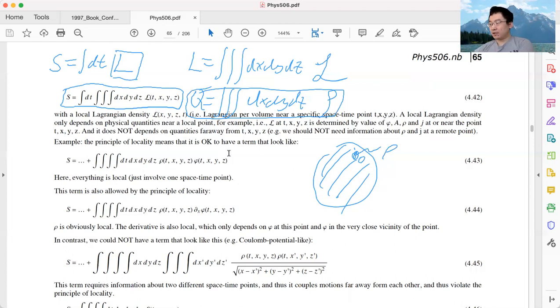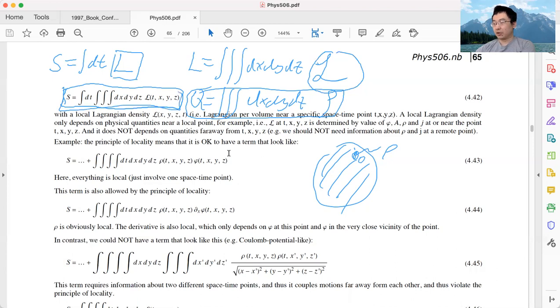Okay? And the Lagrangian density is typically labeled as curly L. Curly L means it's a density. It's a Lagrangian density around one spatial point. And then when we add all of them together, we get the total Lagrangian. Okay. So that is what this formula is indicating.